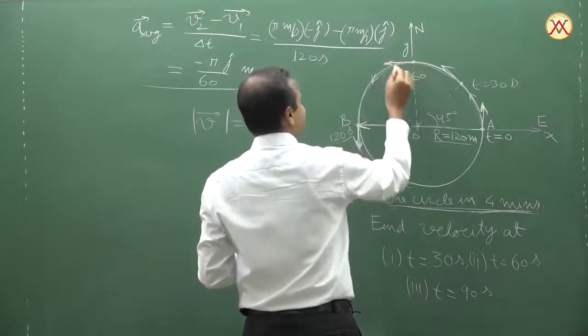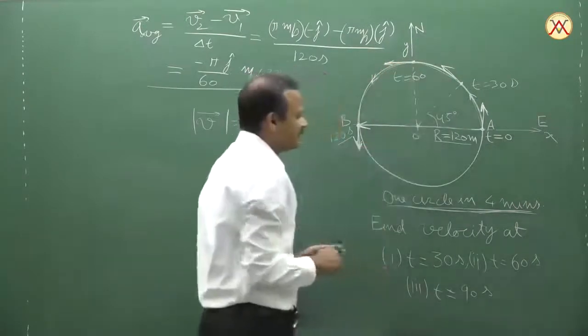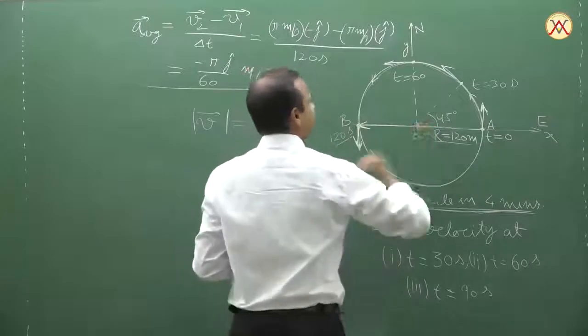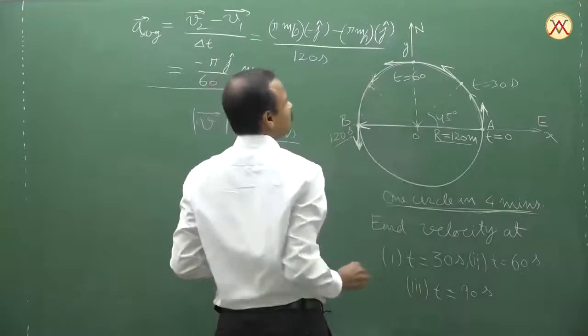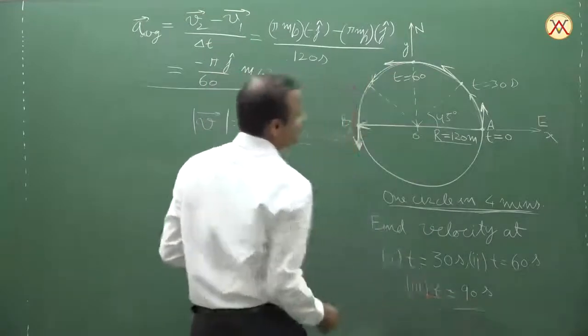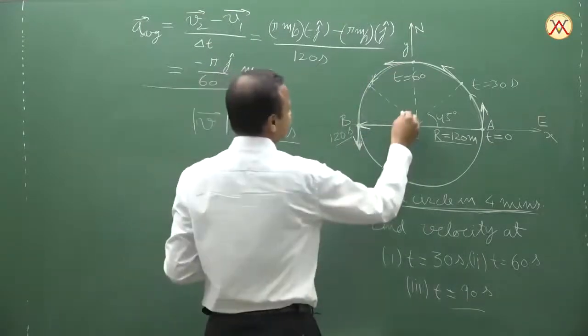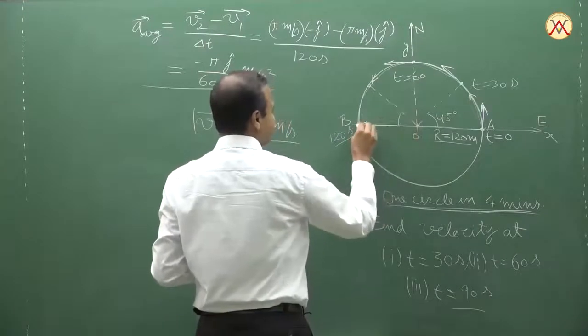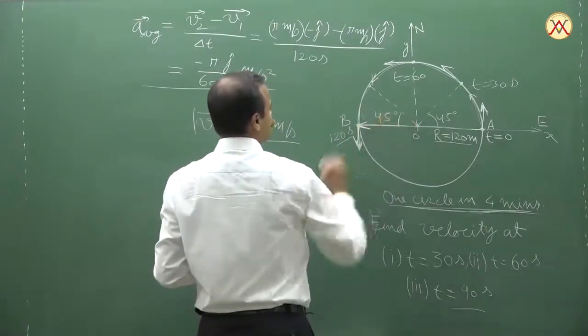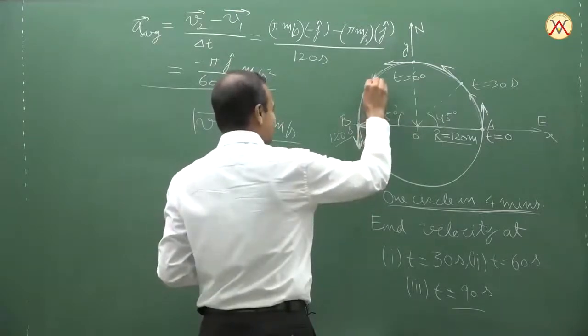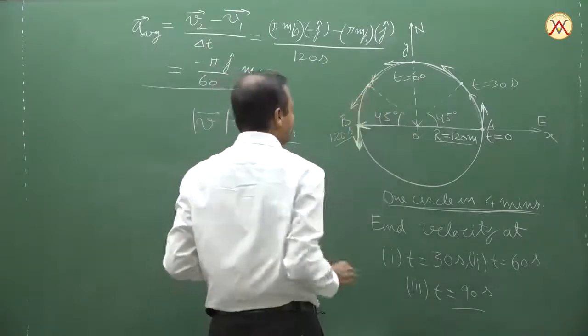Now this is an easy one, you can see it is towards west. And at t equal to 90, 30 seconds before reaching B, the remaining angle should be 45 degree. So the direction of velocity will be somewhat like this.